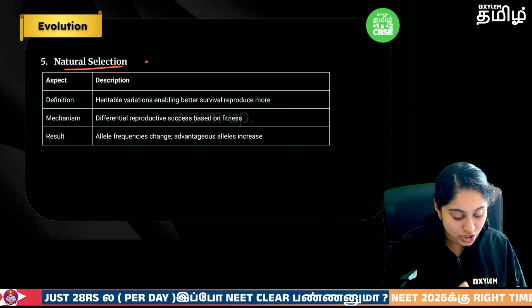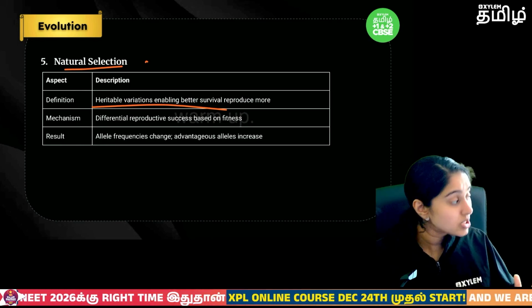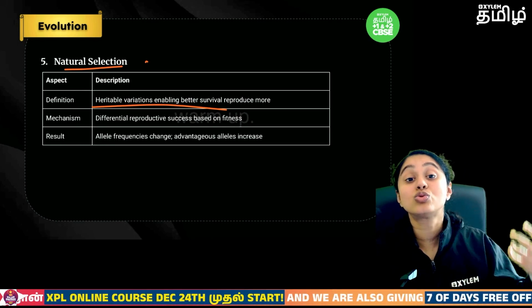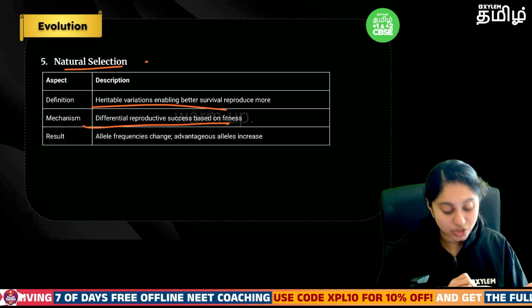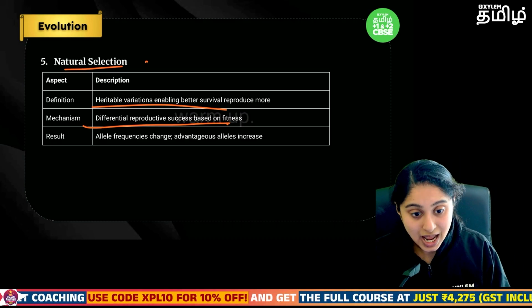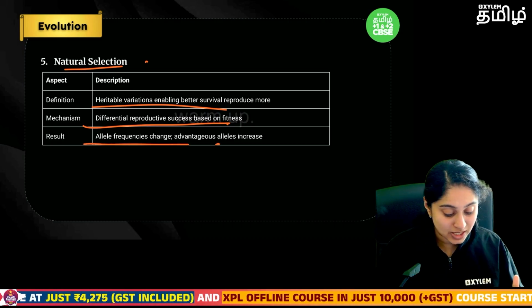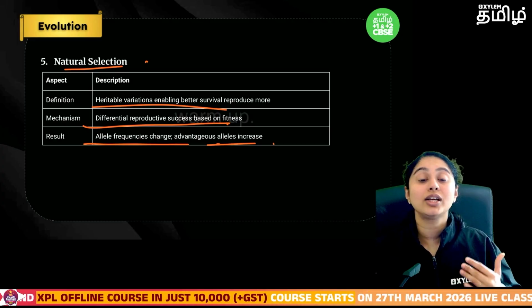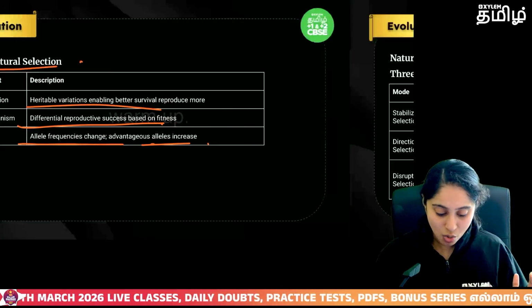And natural selection: based on what kinds of variations are produced, nature will choose who should reproduce more. This differential reproduction is the basis for fitness, and it will cause speciation to happen. So allele frequencies will change, and more advantageous alleles and traits will be chosen over the non-advantageous ones.